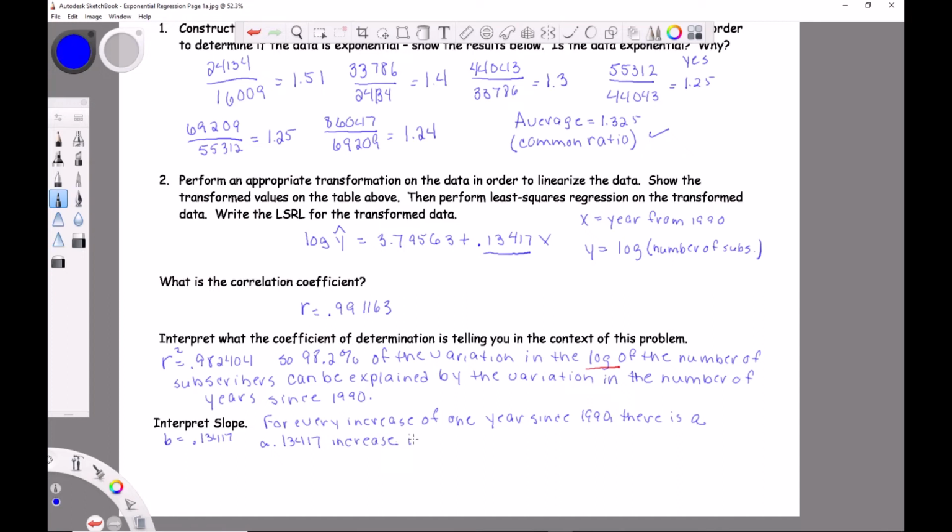Remember, we have to include that because that's what our outputs are, of the number of subscribers on average.